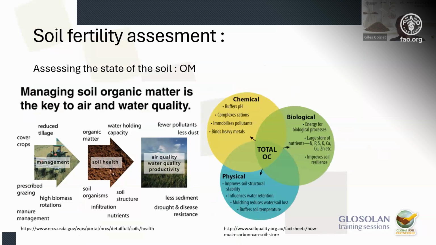Maybe finally, a way to improve and to keep living soils, to keep a soil that is not just a physical support, of fertility, is to try to work on the organic matter levels, because organic matter has very important roles in the chemical properties, the biological properties, and the physical properties.